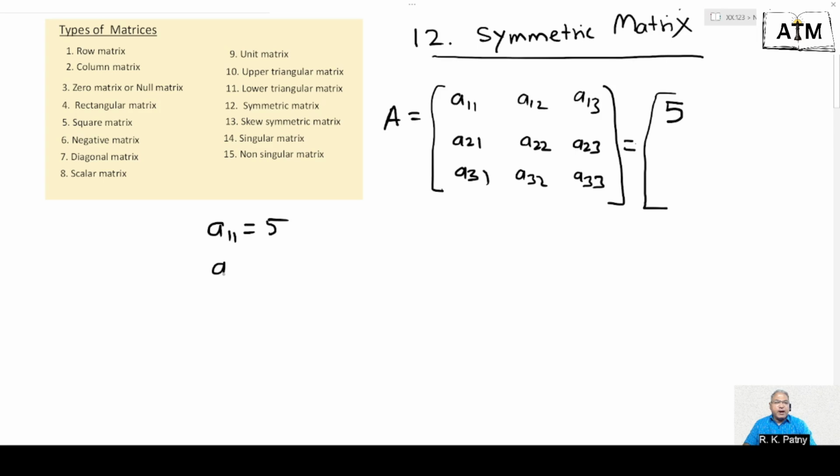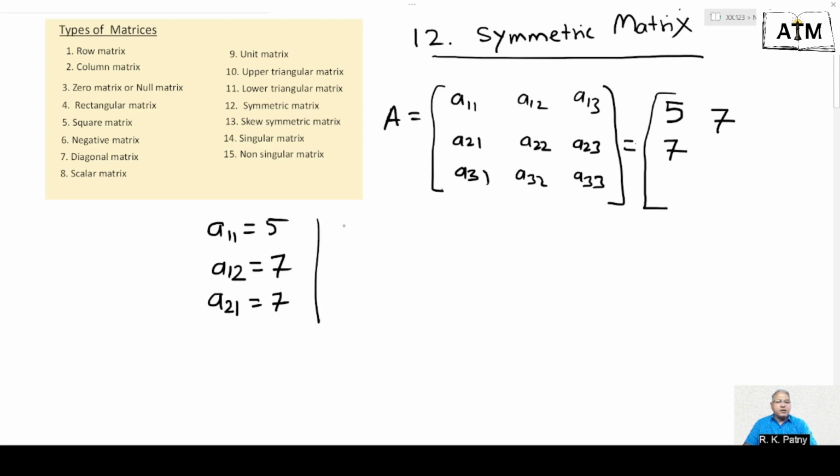Now A12 equals 7, so I have written the 7 here. Then what is the reverse of 1 2? Reverse of 1 2 is 2 1, that is A21. A21 is also 7. So A21 will come here. So A12 and A21 are the same.